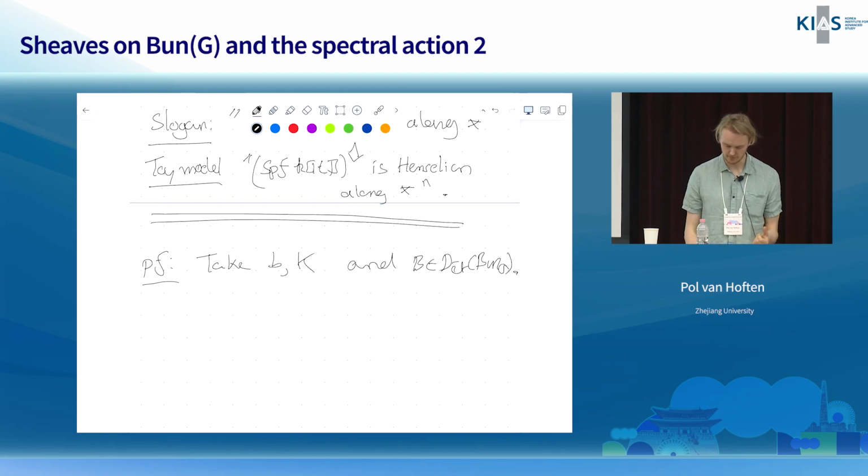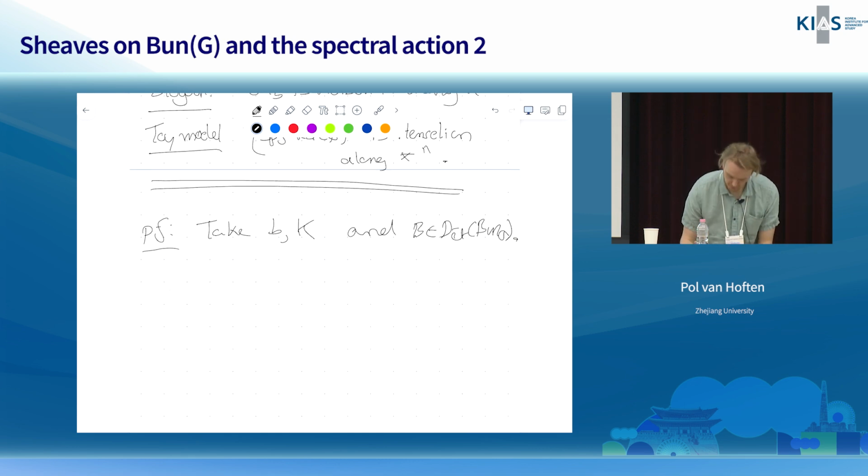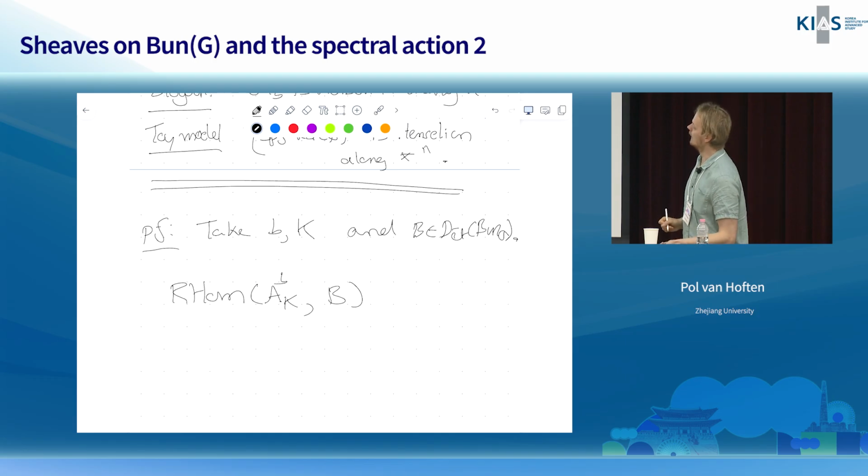To understand whether these A_{B,K} are generators and whether they're compact, both of these can be stated in terms of Homs out of them into B. So I want to compute RHom from A_{B,K} into B. If these are all 0 for all B and all K, then B should be 0. That's what it says to be a generator.